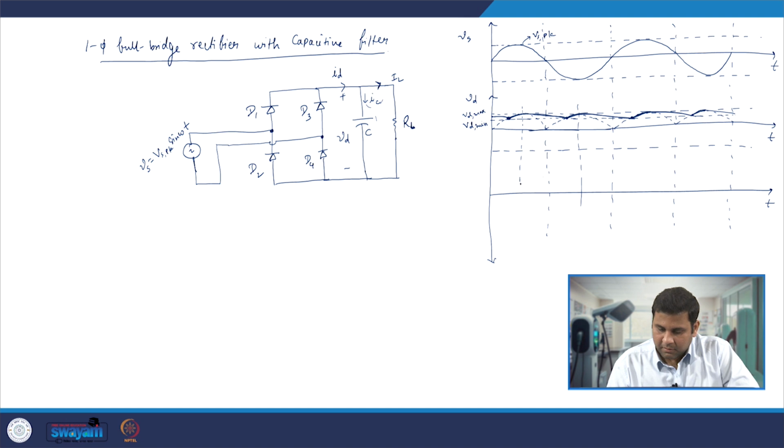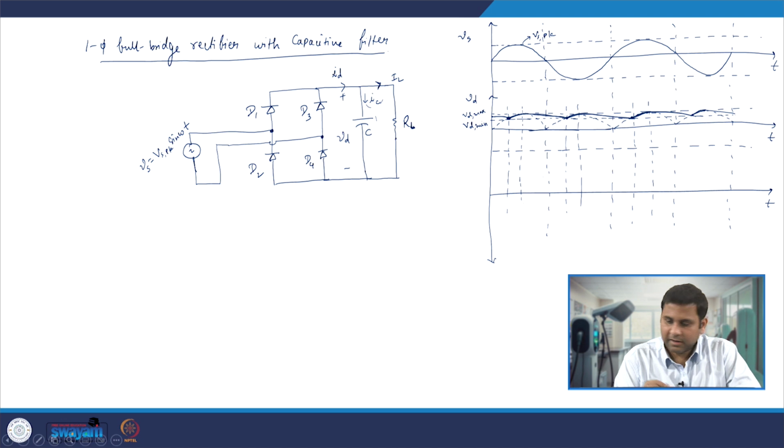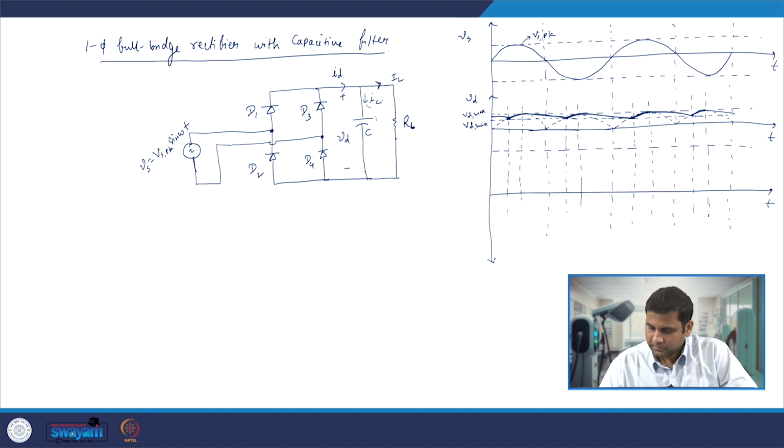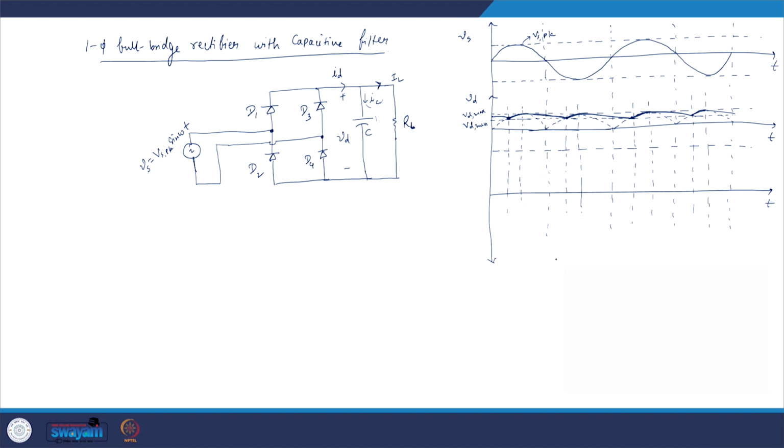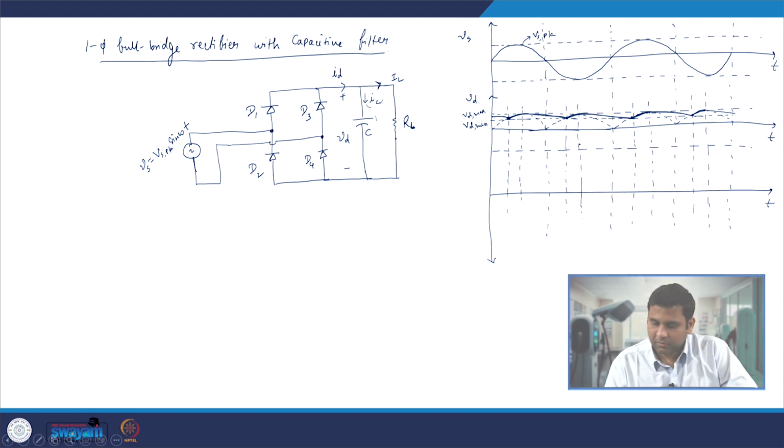So the capacitor will be varying between Vd max and Vd min, and because of this let us draw the current. Let us first draw the ID current, and then we will draw the current which has been drawn from the input source and the current which has been taken from this diode.